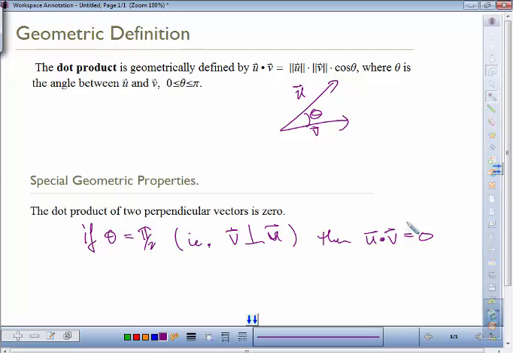So this is an important result that we have for the dot product.